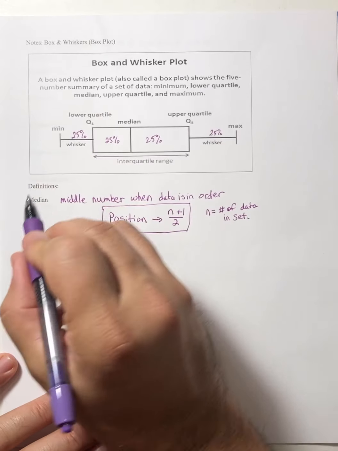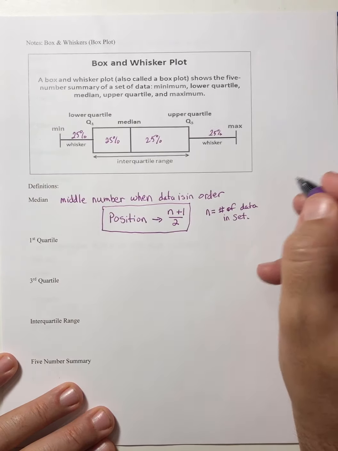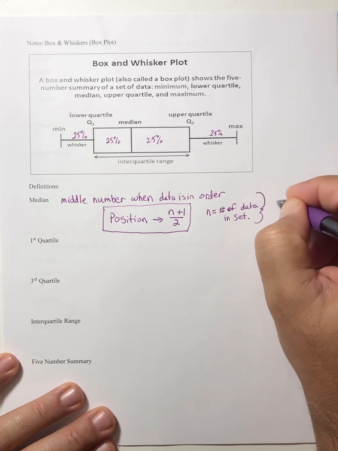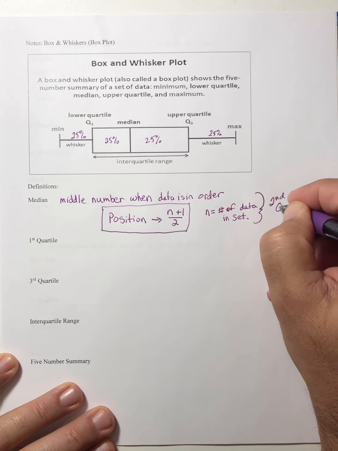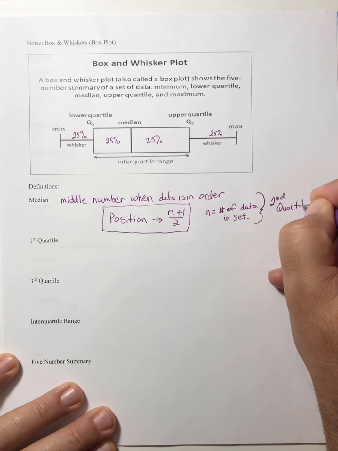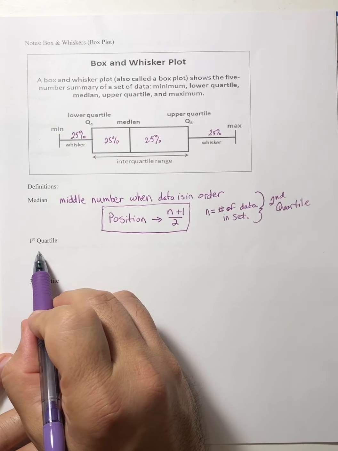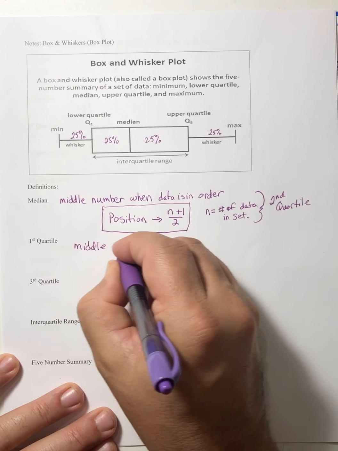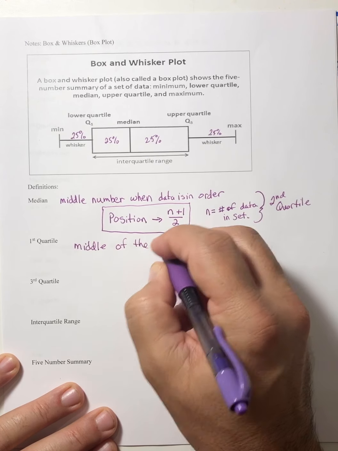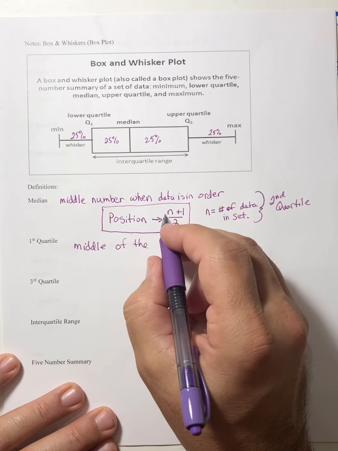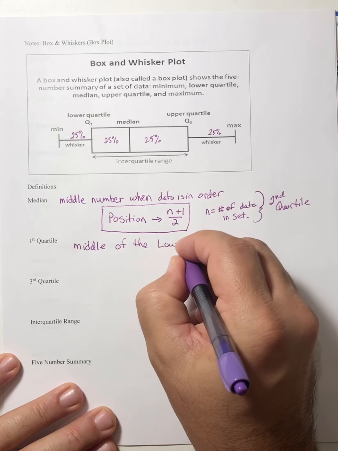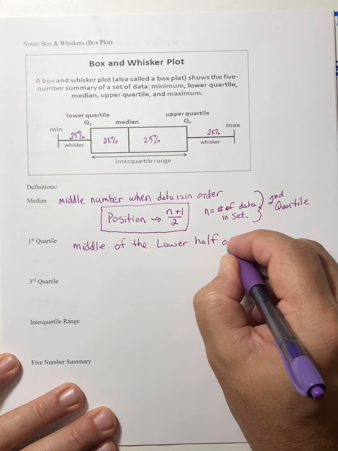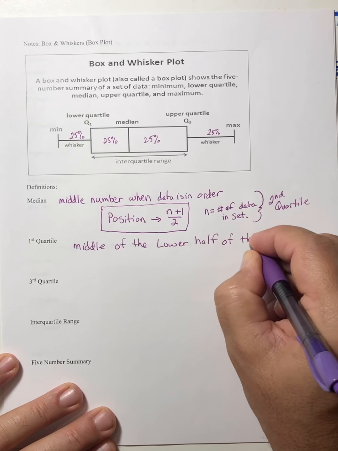So another word for the median is called the second quartile. All right? The first quartile, that is literally the middle of the lower half of the data.